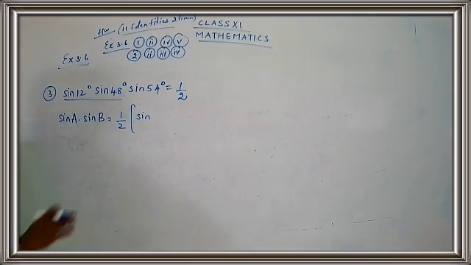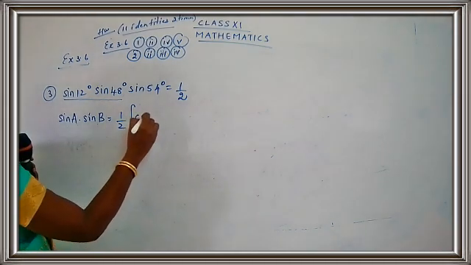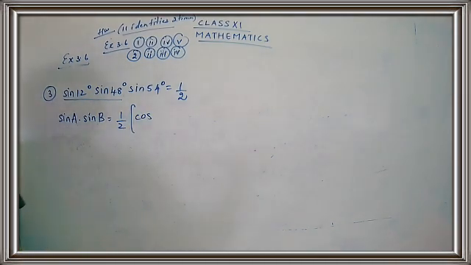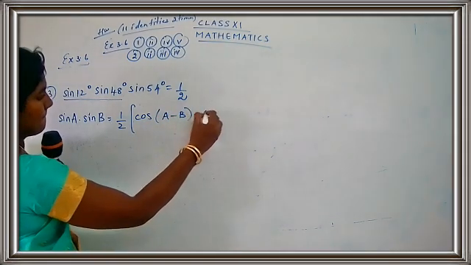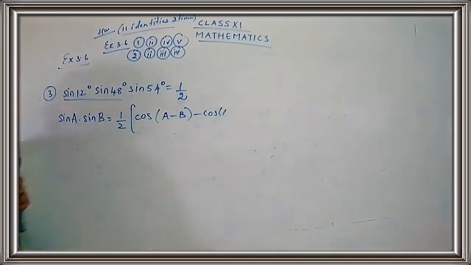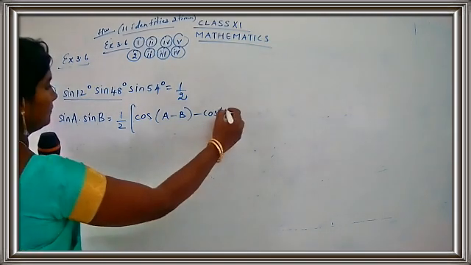It's half of cos. When it is sine sine, you have to write the formula as half of cos (A minus B) minus cos (A plus B).